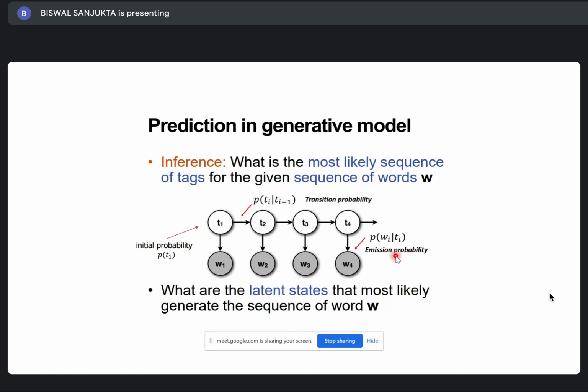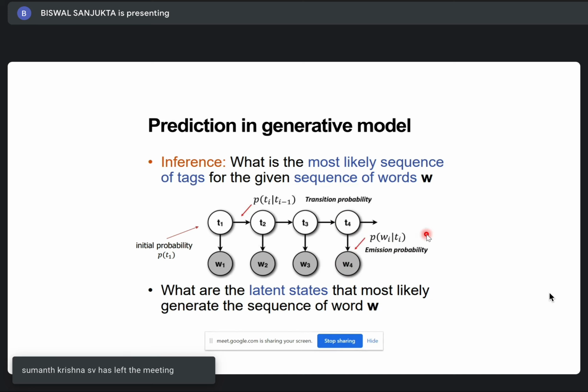Emission probability is the probability of a word given its corresponding tag. Again, emission probability and transition probability are specific to POS tagging. People sometimes say observation probability or something like that in actual HMM.